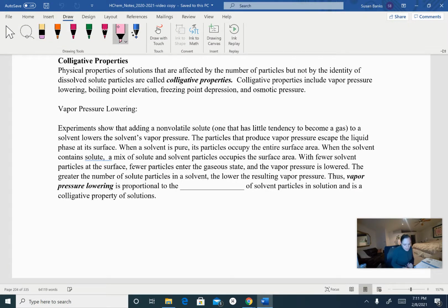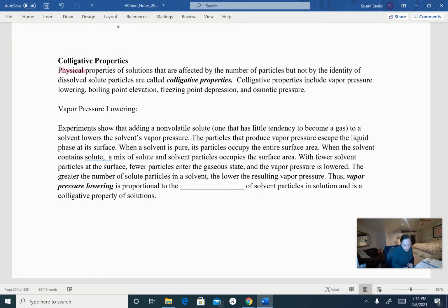They're all physical properties that are affected by the number of particles, but not the identity or the type of particles. So it doesn't matter what's dissolved, it just matters how much is dissolved, the number of particles. And they are called colligative properties.